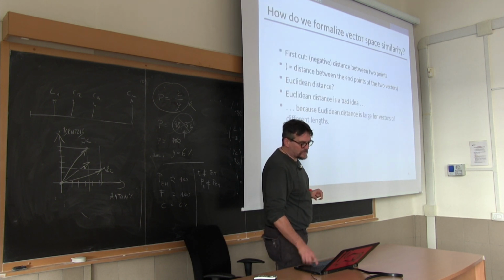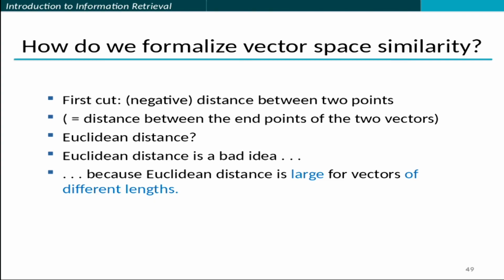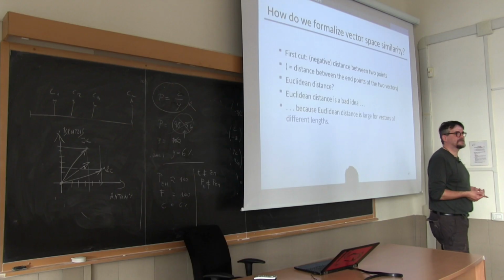Good. Now, we have this idea of proximity as a similarity, as a tool in order to attribute a score to the documents with respect to a given query. And now we need to explore what the alternatives are to implement this solution.